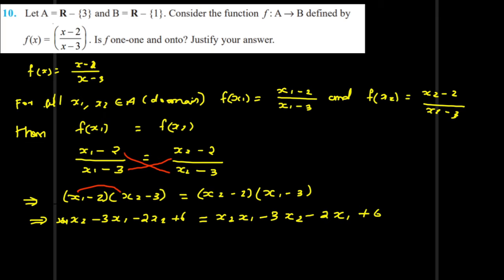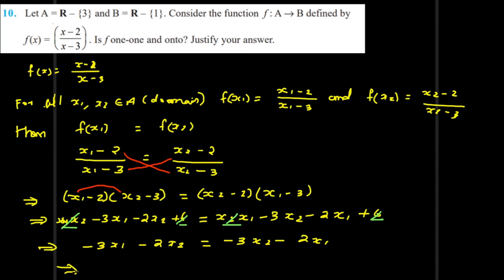Here x1x2 and x2x1 are the same, and plus 6 and plus 6 are the same. So these terms cancel. This implies the remaining terms: minus 3x1 minus 2x2 equal to minus 3x2 minus 2x1.